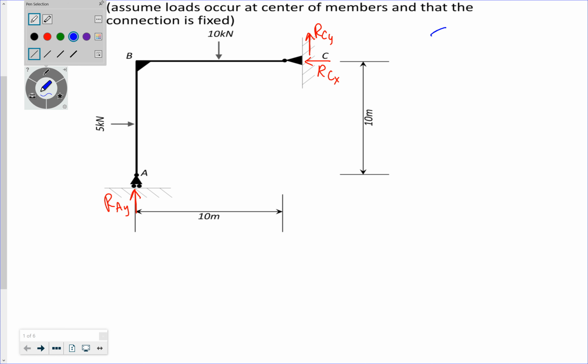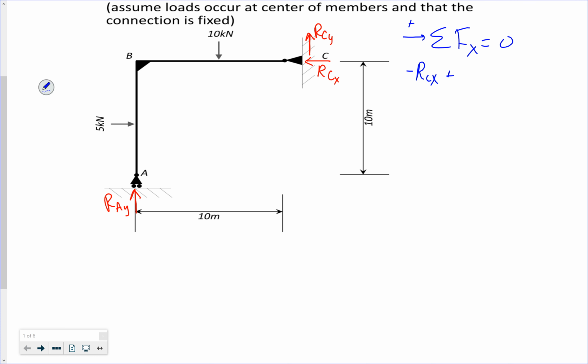If I do the sum of the forces in the x direction, I get negative RCX plus 5 kilonewtons, right? That's the only horizontal force, my horizontal load. So my horizontal reaction at C is 5 kilonewtons, it's going to the left.